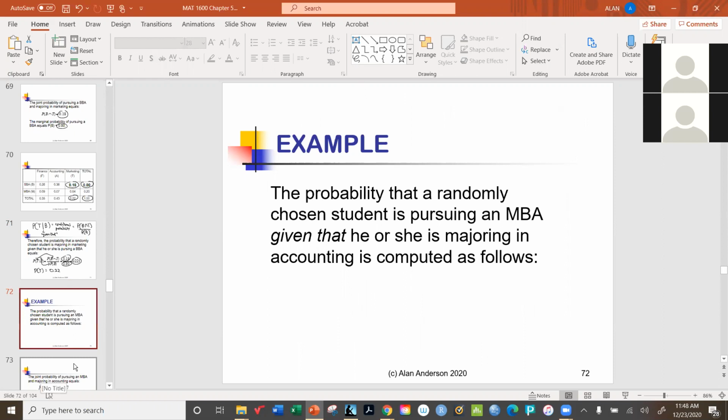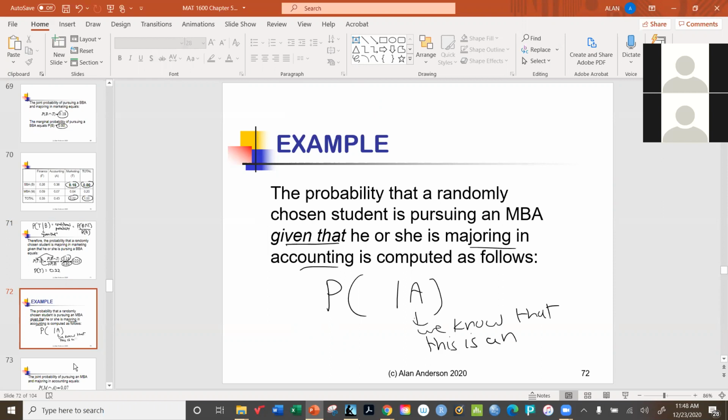So as far as the notation is concerned, whatever we know goes here. Okay, we know that this is an accounting major.